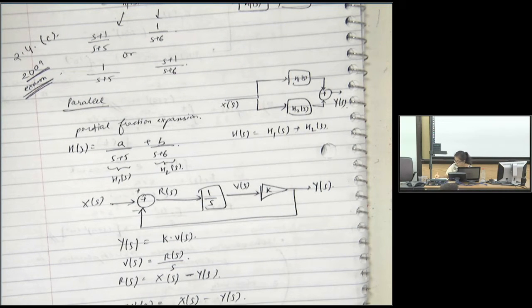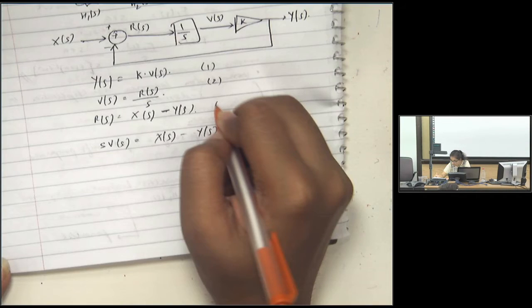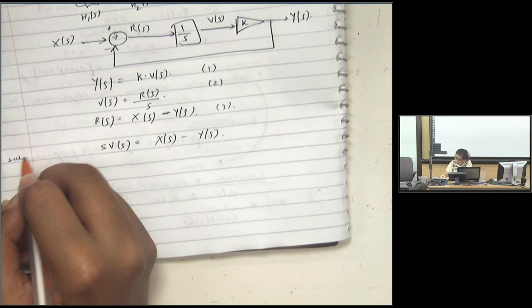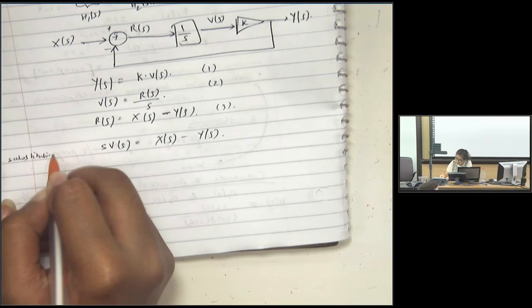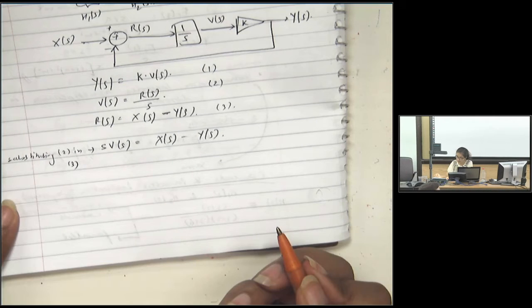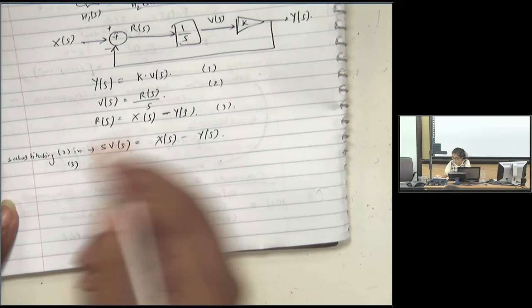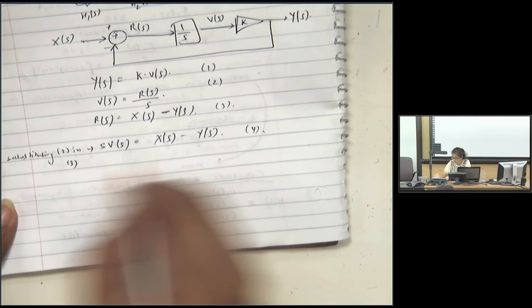Let me number these equations. So substituting 2 and 3, I get this. Now I'll substitute 1 in this equation, 4.